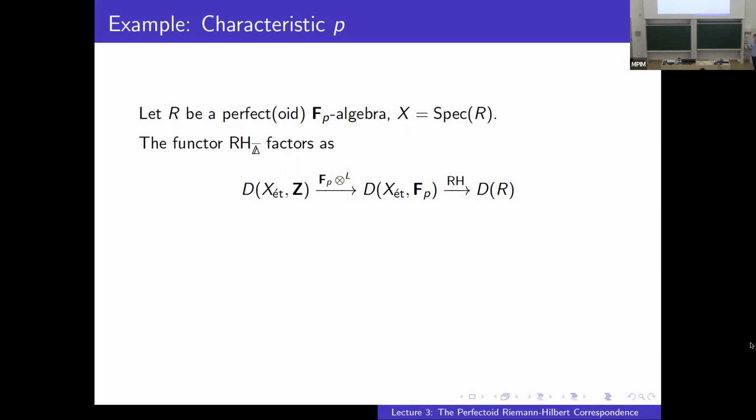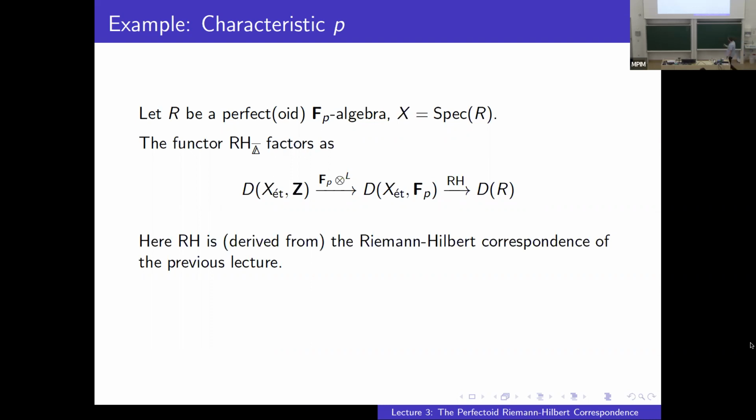The construction that I sketched for you was motivated by wanting to agree with the construction that we already had when we were actually in characteristic p. I guess one difference is that now we're working at the level of derived categories rather than the level of abelian categories. So that's what RH prism bar looks like. On the other hand, this RH prism you can think of as an upgrade of the Riemann-Hilbert functor of the previous lecture.